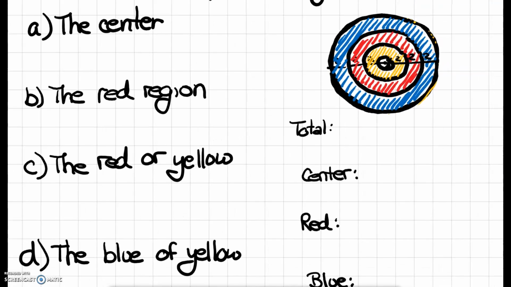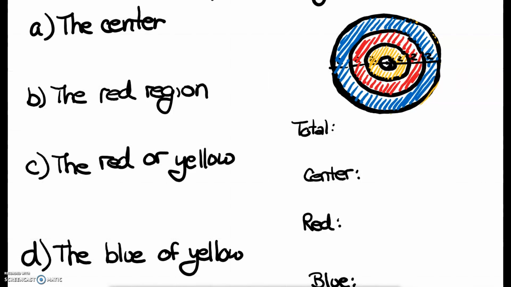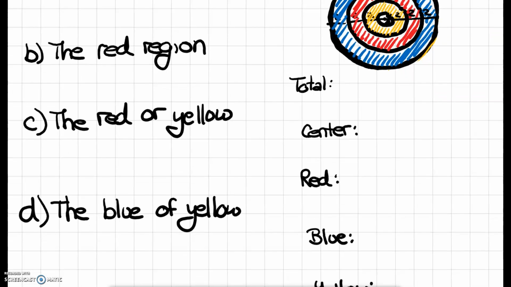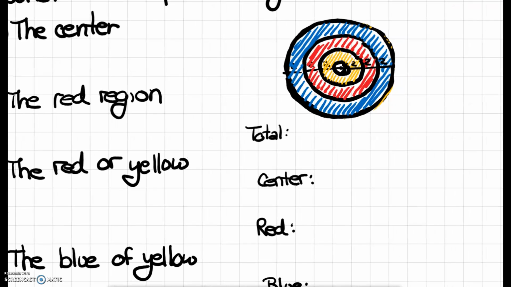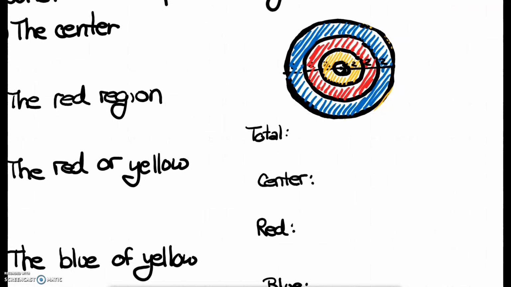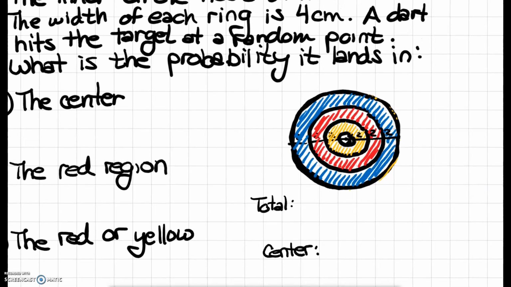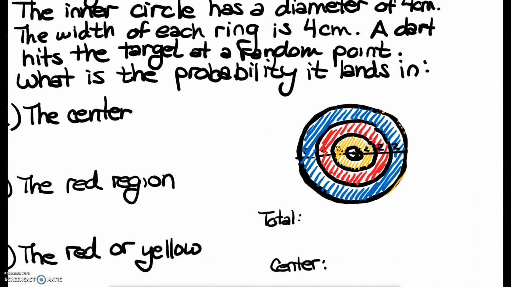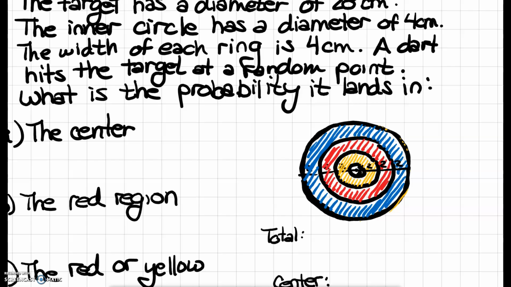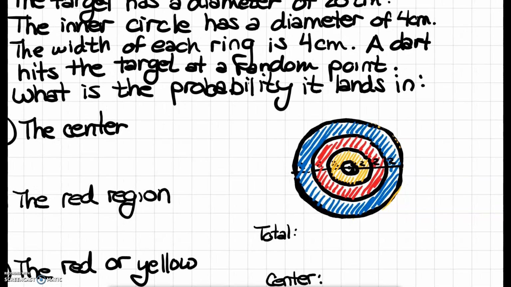So since we're looking at the center, the red or yellow, and the blue or yellow, we're going to find the total area first, the area of the entire circle. So I know that each one of these is 2, 4, 6, 8. So my radius, that's not, well, is it? Let's see. The width of each ring is 4 centimeters, and the inner circle has a diameter of 4. So I lied.